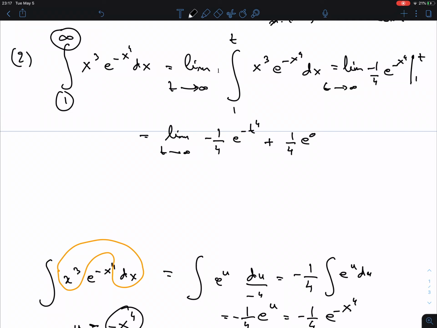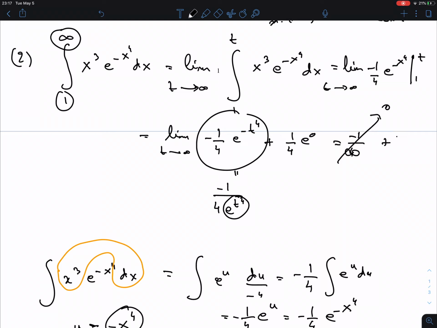Now what happens here? This is the only crucial thing. Because of the negative exponent, it's actually e to the t to the 4th in the denominator. So if I plug in infinity, this becomes infinity, so this becomes minus 1/4 over infinity, which is going to be 0. So this is 0, and then we have plus 1/4.